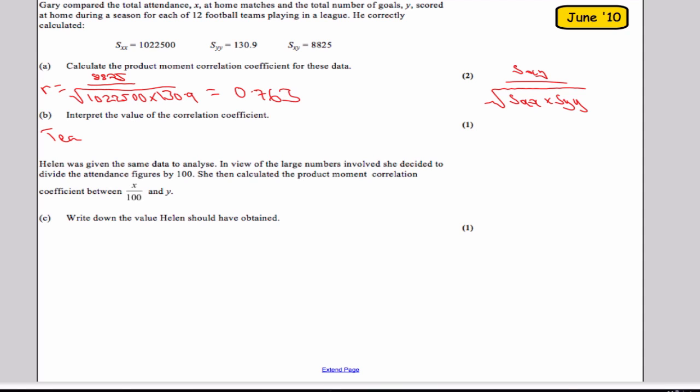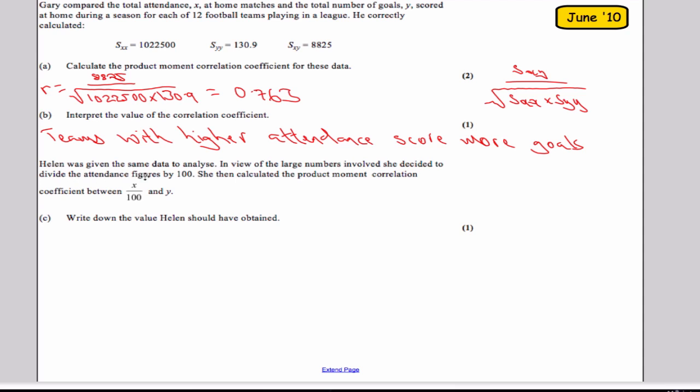So I would say that teams with higher attendance score more goals. That's where you get your 1 mark. Do not just say that it's a strong positive correlation. You must interpret what that correlation means.